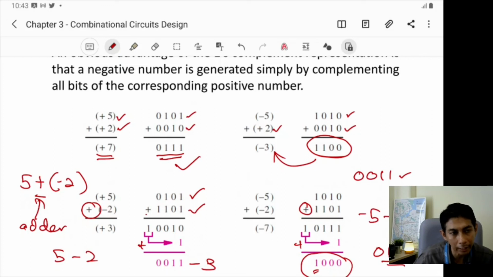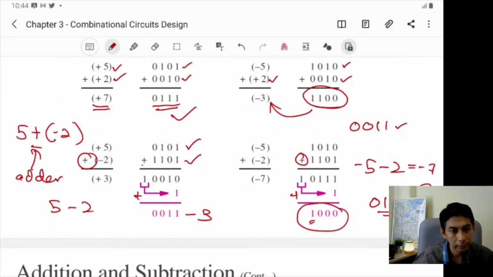So if we don't have carry, the result here is the result that we want already. But if we have carry, we need to add that carry to the result to get the correct result. If not, the result is not correct. Meaning that you need to add 2 times here. Add 2 times means that you need two adders. So that will make your circuit a little bit bigger, because you need 2 adders.